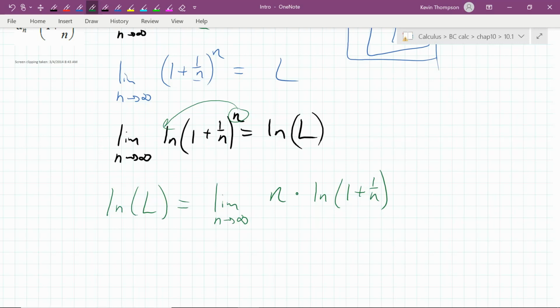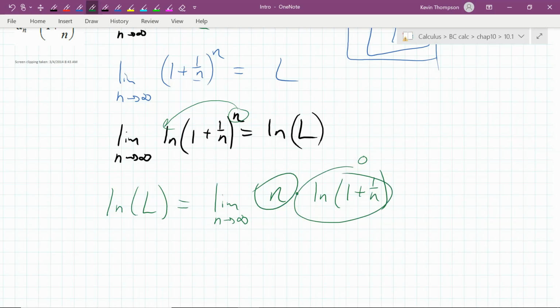If n is going to infinity, and I think about this number n, and this piece is 0, right, if n goes to infinity. I really want a fraction here, so why not this? Why don't I think about the reciprocal of n? Because what number makes the most sense to think about as the reciprocal of 0?